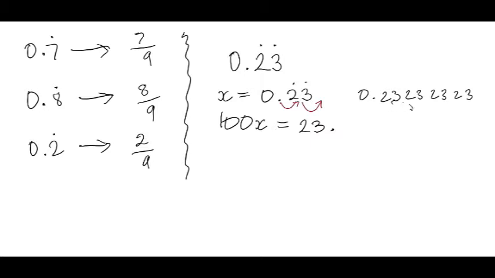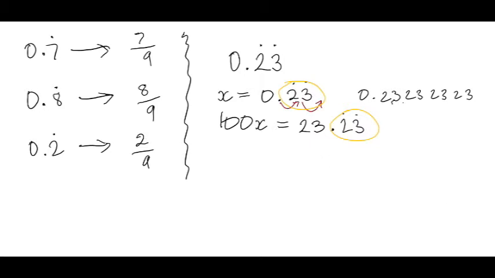We're going to have 23.232323. So we've got our recurring bit. Now, of course, what's interesting is that the right hand side of the decimal point on this one and on this one is the same. It's both 23 recurring.